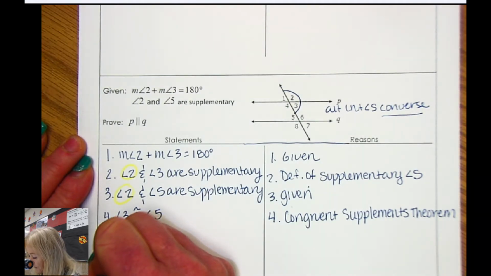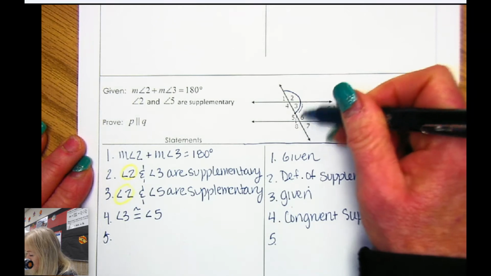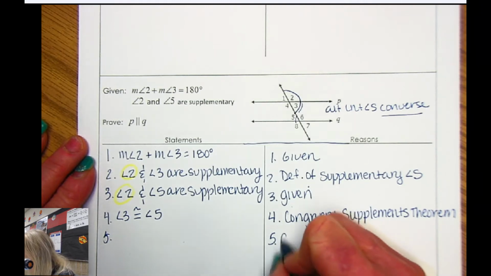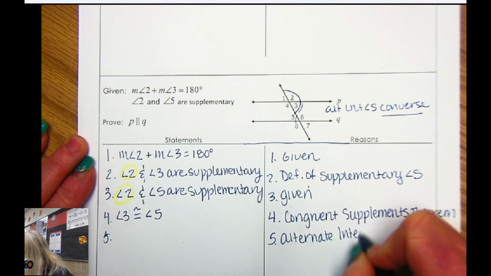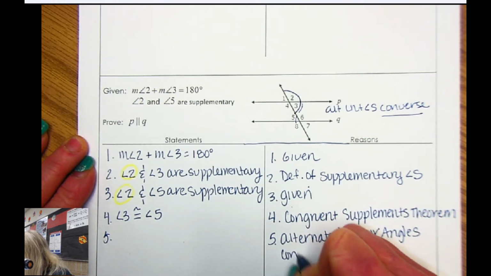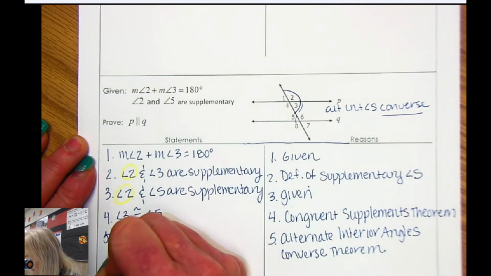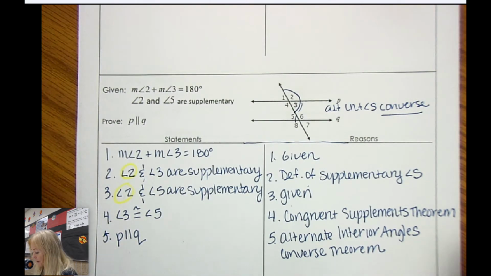And if they're both congruent, and they happen to be alternate interior angles here, then by the alternate interior angles converse theorem, P must be parallel to Q. Okay, and that's that statement.